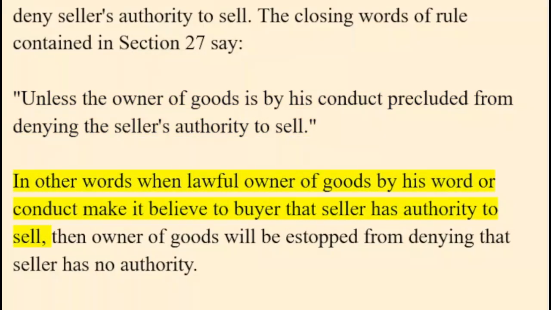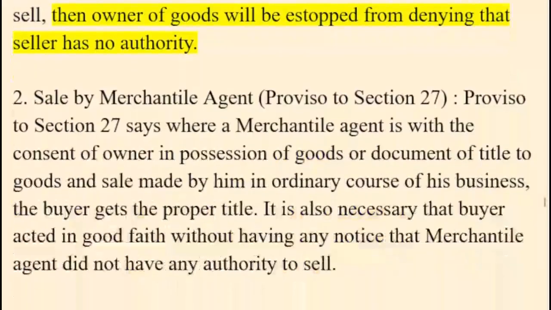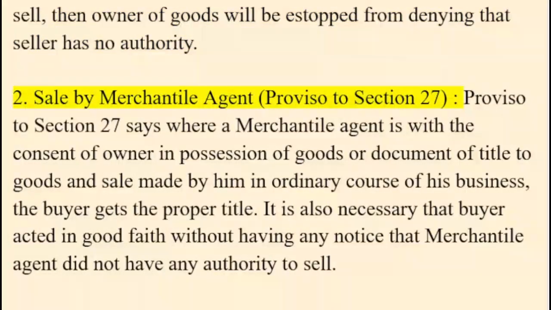In other words, when the lawful owner of goods by his word or conduct makes the buyer believe that the seller has authority to sell, then the owner of goods will be stopped from denying that the seller has authority. 2. Sale by mercantile agent, proviso to section 27.